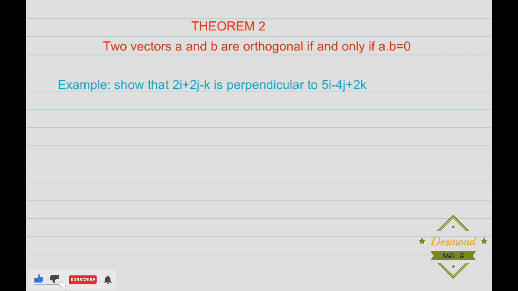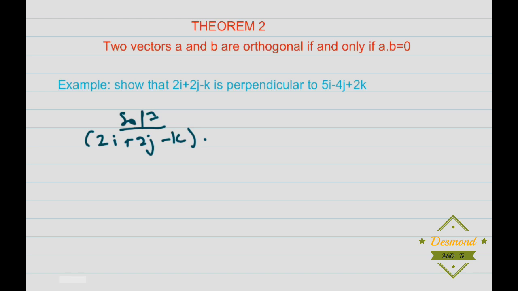So let's do it. You can try to pause the video and see if you can do it. We have 2i plus 2j minus k, the dot product of 5i minus 4j plus 2k.